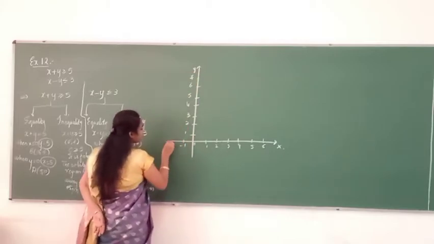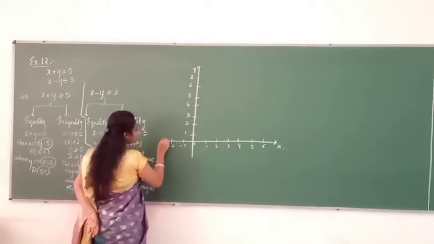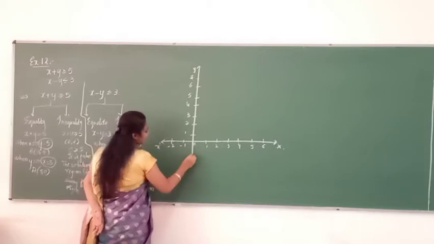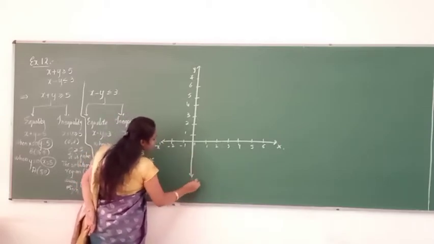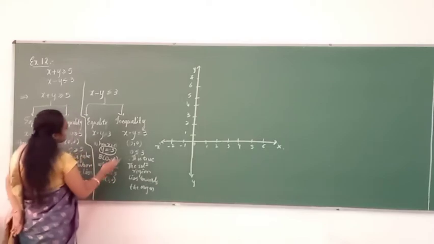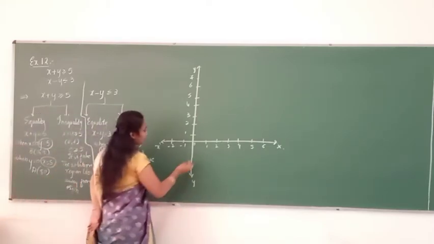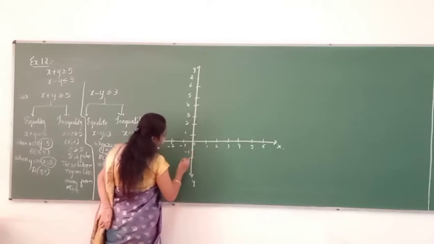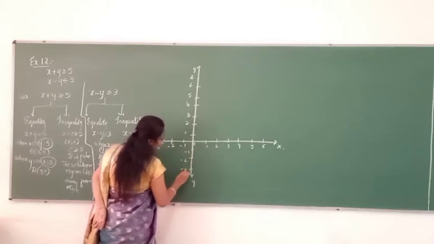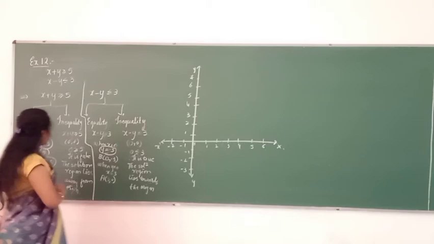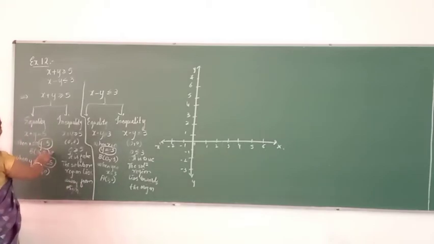Next, minus 1, minus 2, which is your x dash. I am taking y dash because you can check in the next inequality that y has a negative value. So I consider minus 1, minus 2, minus 3. Is it clear? So next, just see the points of the first inequality.